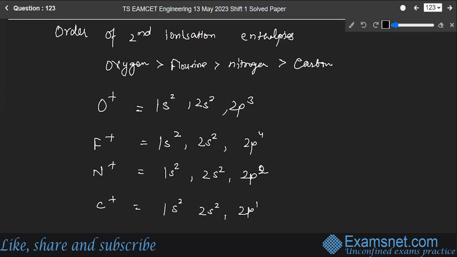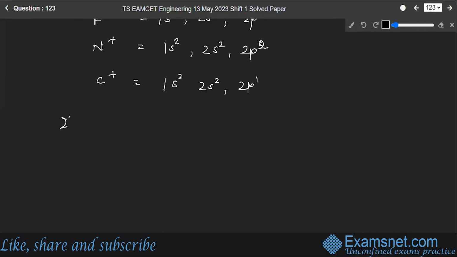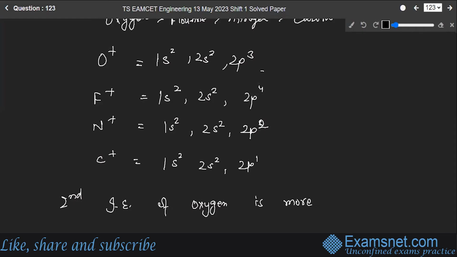Okay, so what you have to do is, second ionization energy of oxygen is more. Second ionization energy of oxygen is more as it acquires a half-filled stable electronic configuration. So it requires a lot of energy to remove an electron from oxygen. Carbon has the least ionization energy.